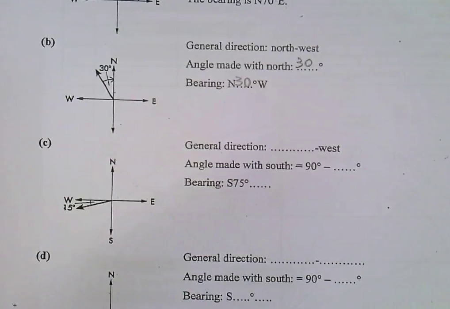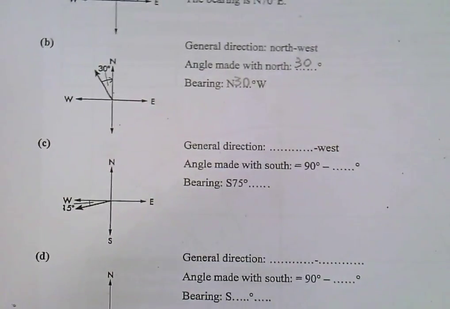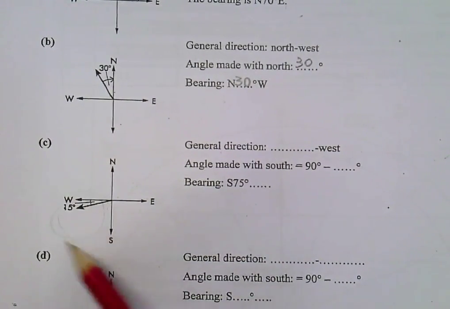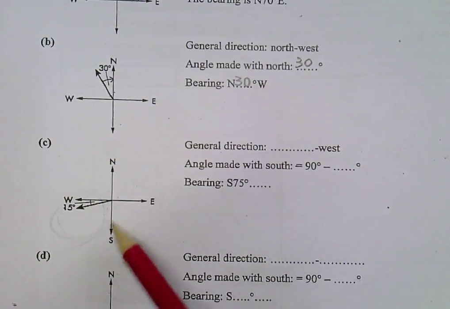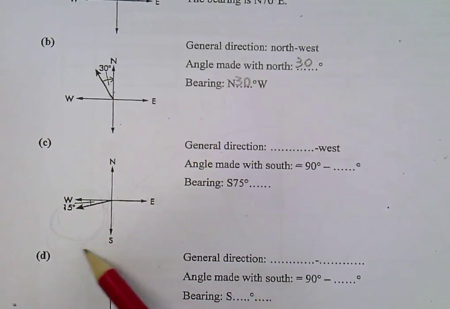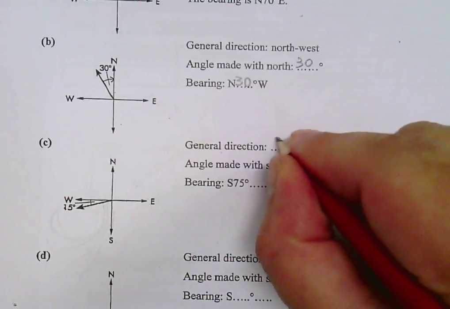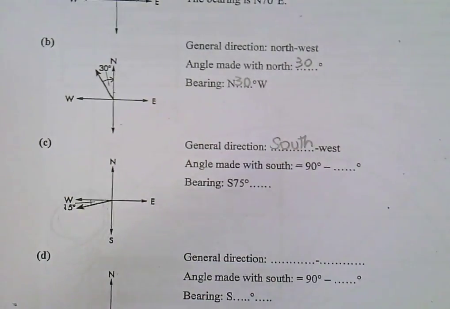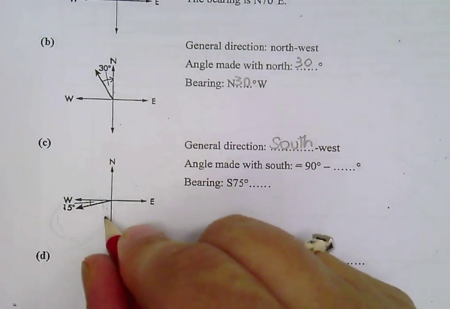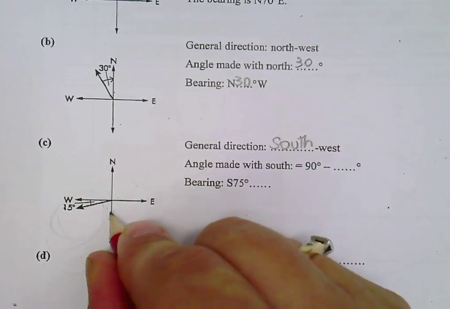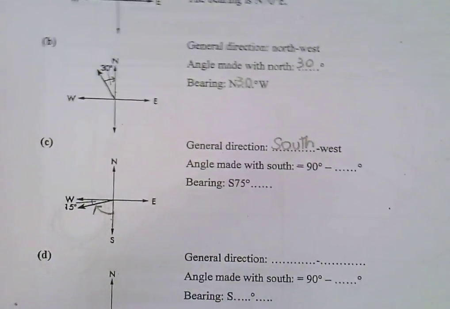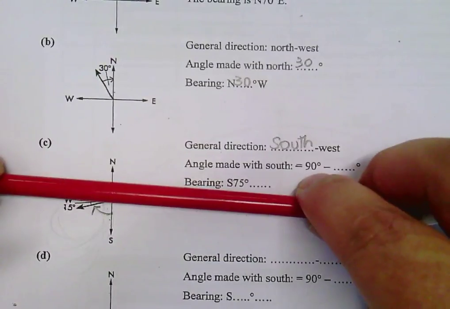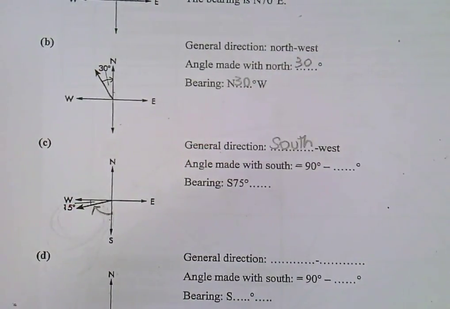The third one, oh, sorry, girls. What's the general direction here? Isn't it a southwest type? So the general direction is southwest, but we have to do south and then how many degrees towards west. This is not west 15 degrees south. We don't do it like that.